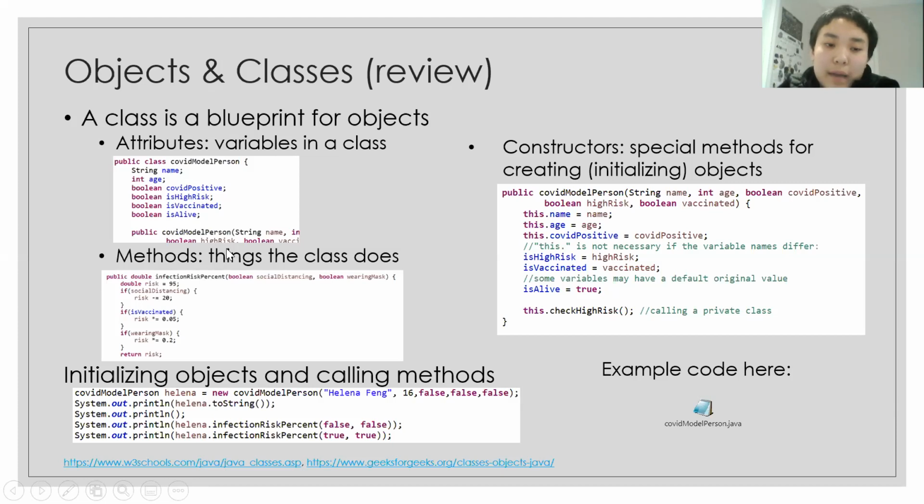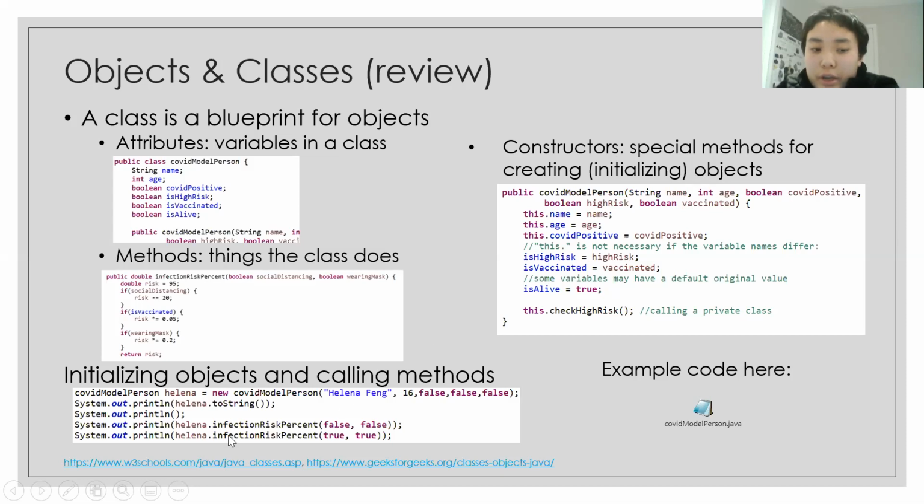And with methods, you might have a method to calculate the risk of infection in a specific event, or a method of printing out the information or something like that, right? And a special type of method are constructors, which are methods for initializing objects.